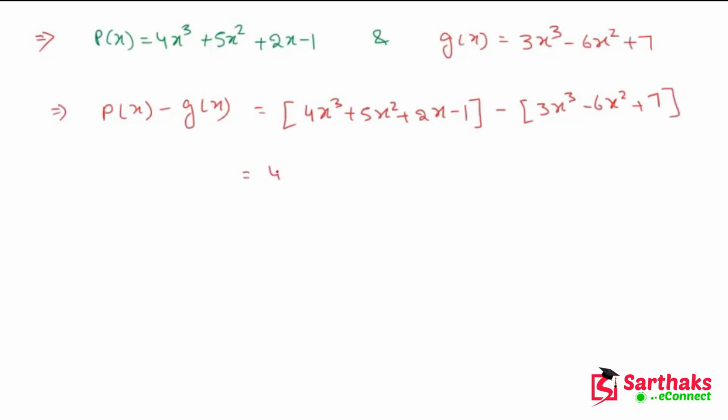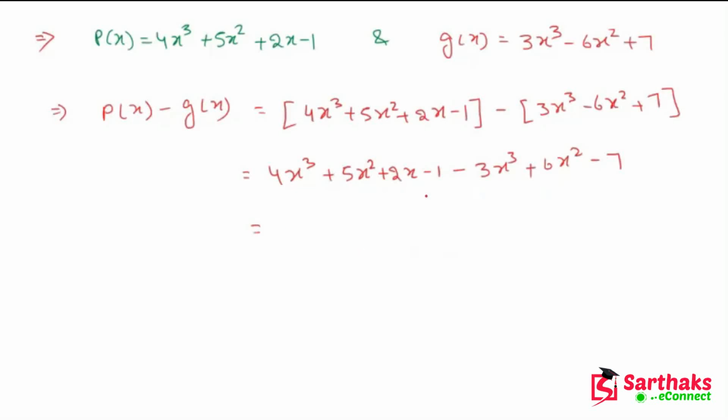Now if you open this bracket, there is a negative sign, so all the signs in the bracket will be changed. This will become minus 3x cube, plus 6x square, and minus 7.